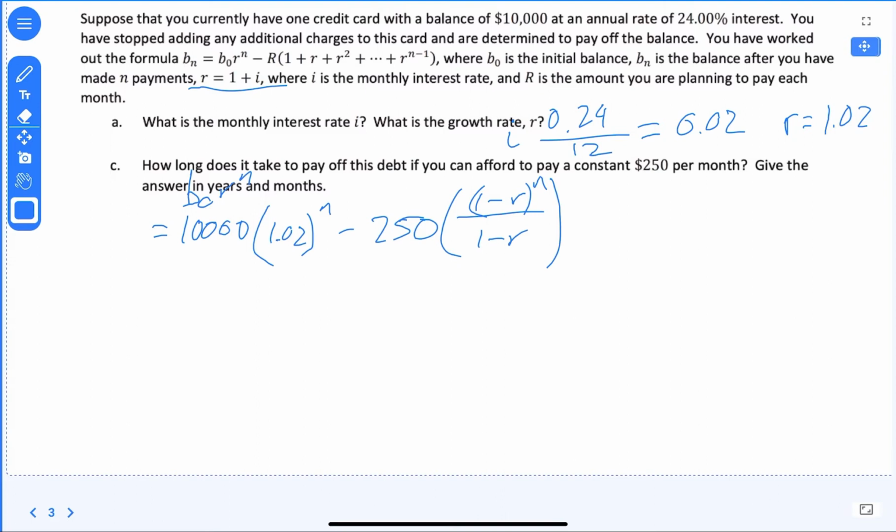And y'all remember how tricky these are? Are y'all ready to do this one? Pay attention. We want to give the answer in months and years. So we're going to find how long it's going to take to pay back $10,000. Everybody see that? Paying back $10,000.